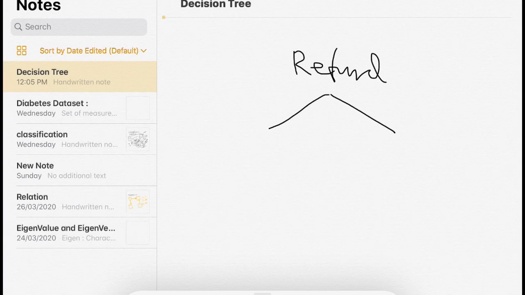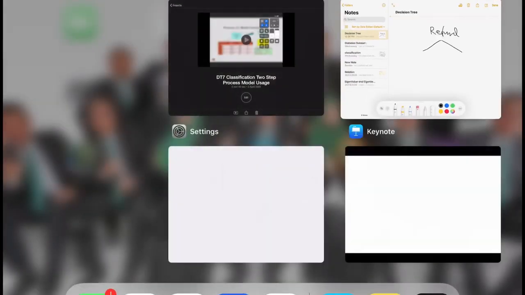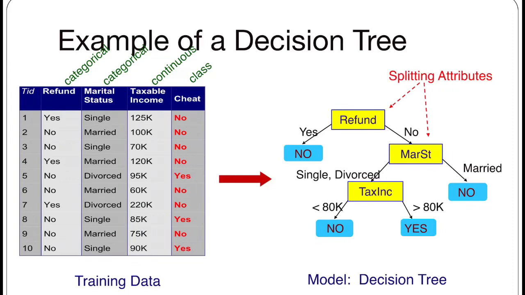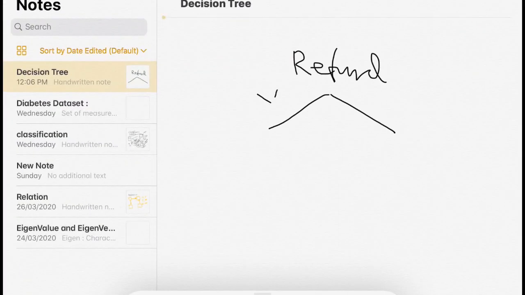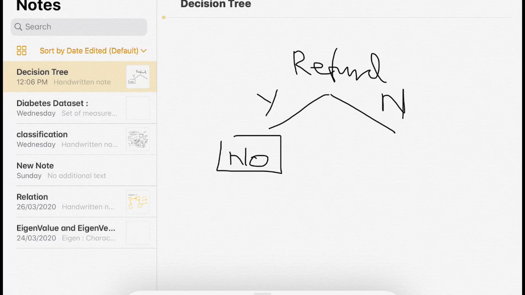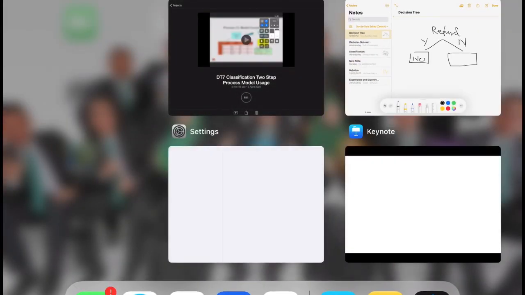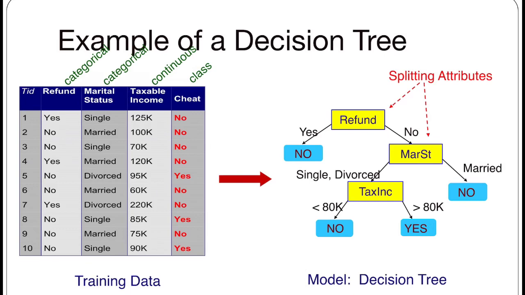Refund will give two values, that is yes or no. So if refund is yes, the class would be no. If refund is no, look at if refund is no. Sometimes the cheat class will be another value.